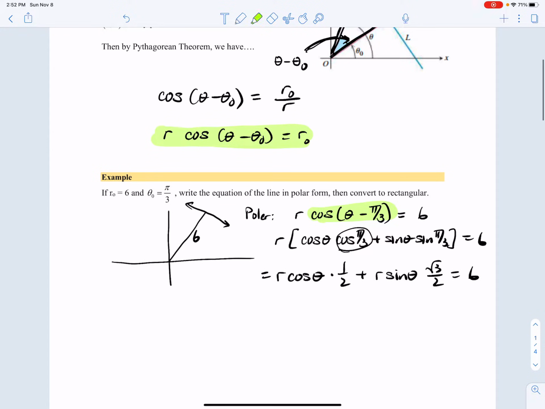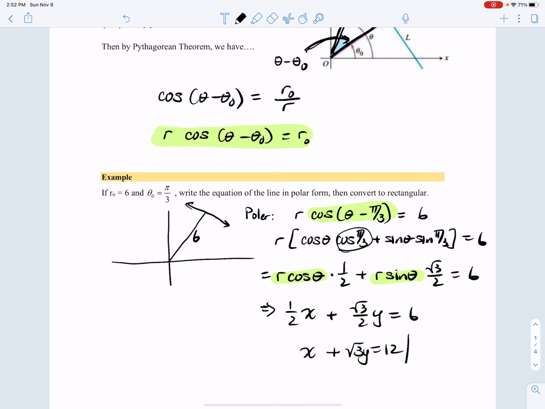Well, if the goal is to go to rectangular, now look at this. r cosine theta and r sine theta have beautiful substitutions for polar coordinates. This is x, so 1/2 x plus root 3 over 2 y equals 6. You can write this any way you want to. I might write it this way just to get rid of the fractions. And there's your equation in rectangular form as well.